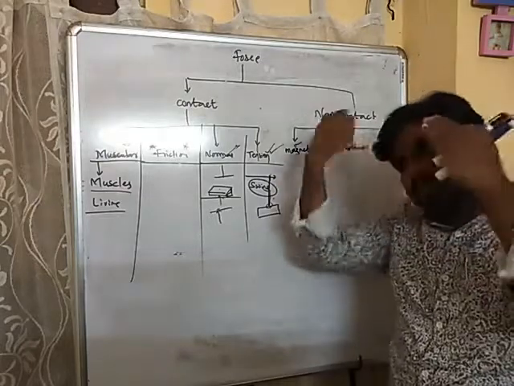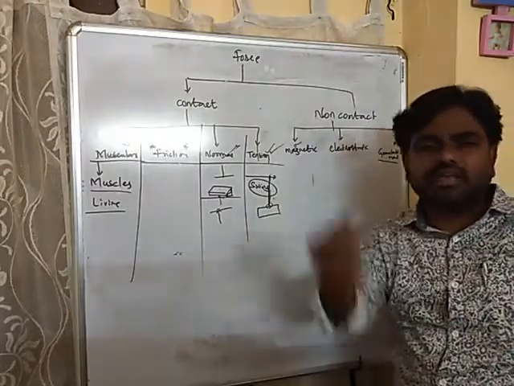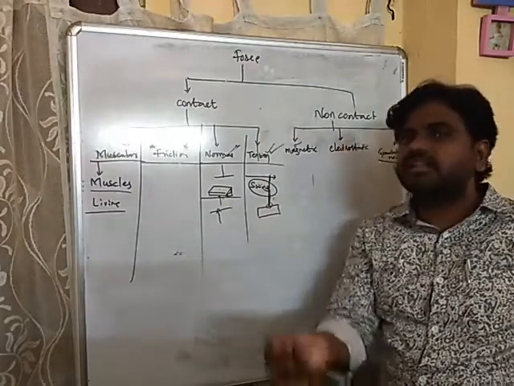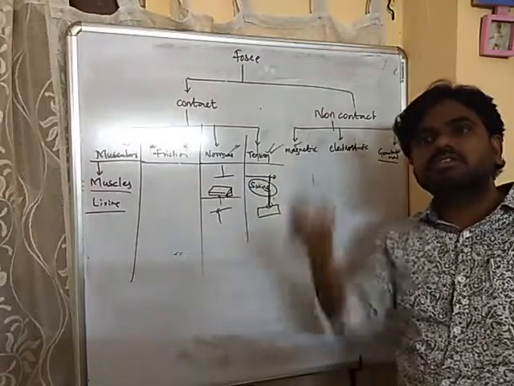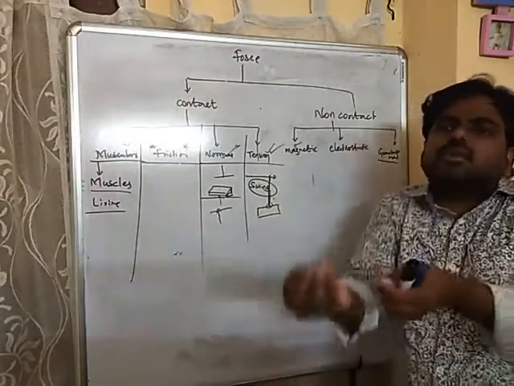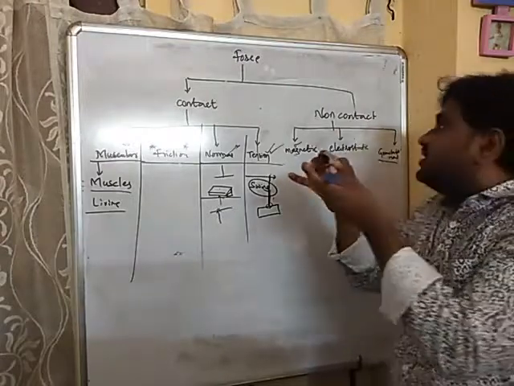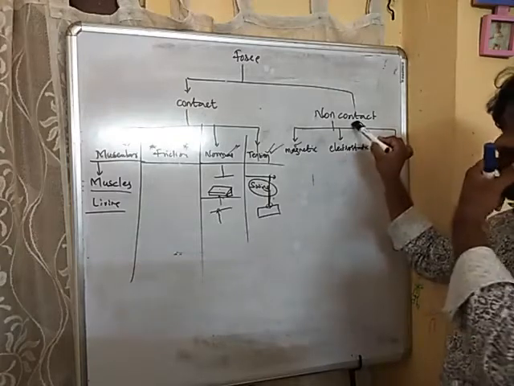Comb your dry hair with a comb, and place this comb near small pieces of paper, and the papers will start attracting to this comb, even though the comb and the papers are not in contact with each other. That is the electrostatic force, which also comes under non-contact force.